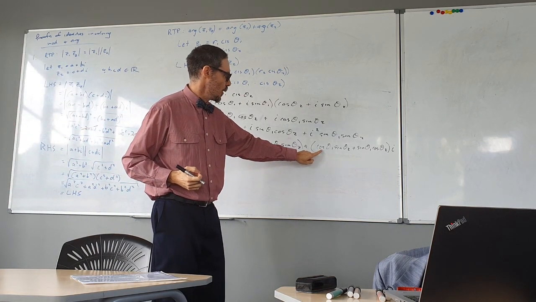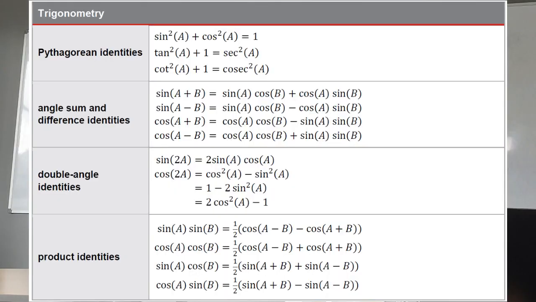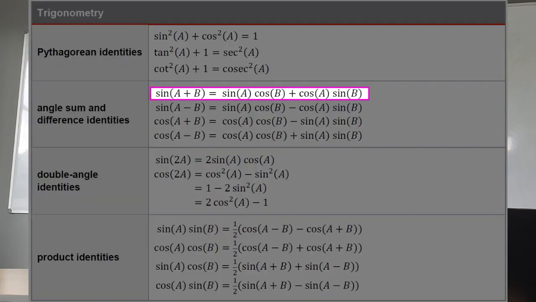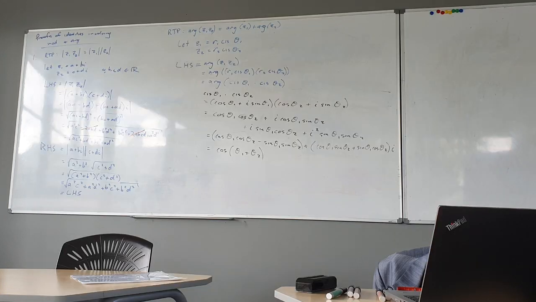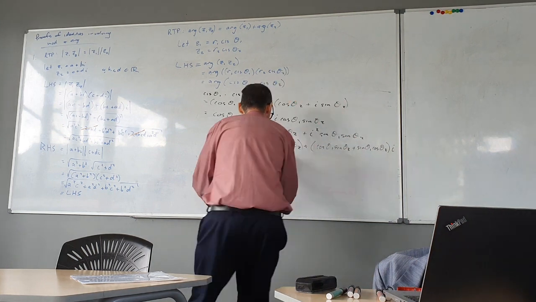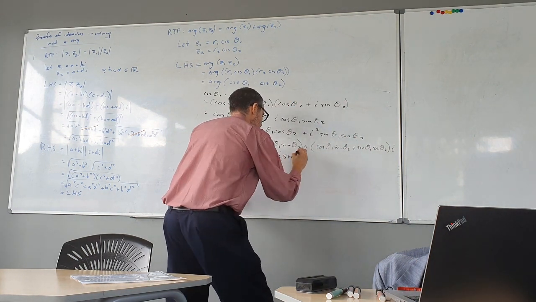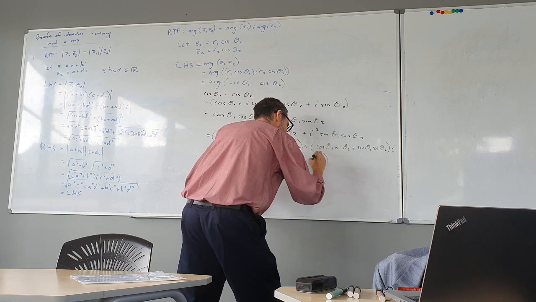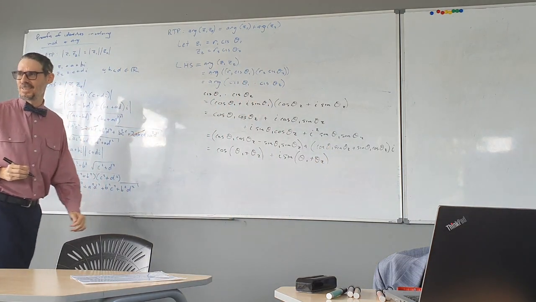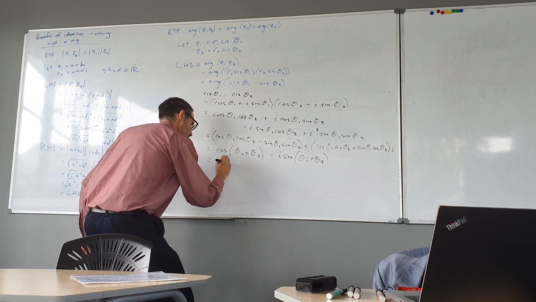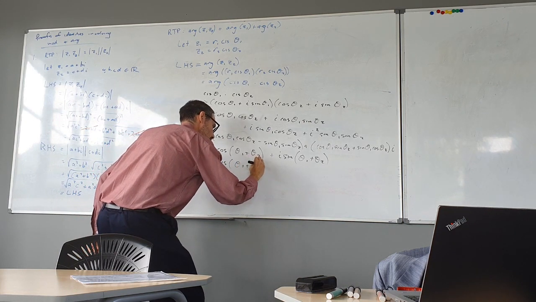The imaginary part goes cos sine plus sine cos. Because it doesn't matter which order you put the A and the B in this one, cos sine plus sine cos is sine of the sum. Plus i sine of theta 1 plus theta 2. Oh, that's nice. Because that is cis theta 1 plus theta 2.